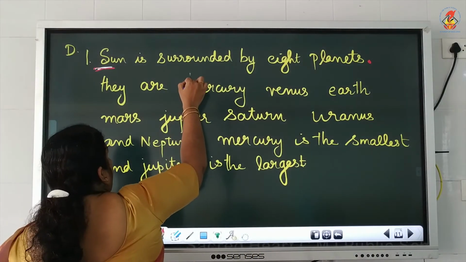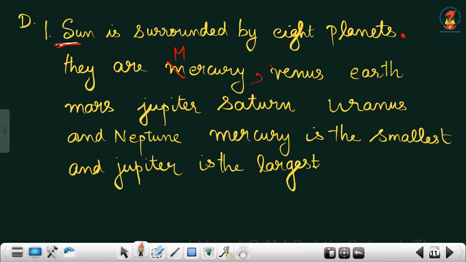So, capital M, comma, Venus capital V, Earth capital E, comma, Mars capital M, Jupiter J, Saturn S, Uranus, U should be capital, and Neptune. Again there is no need of comma before and Neptune. Then the sentence is over, so put a full stop.